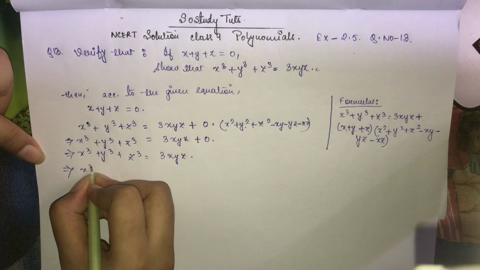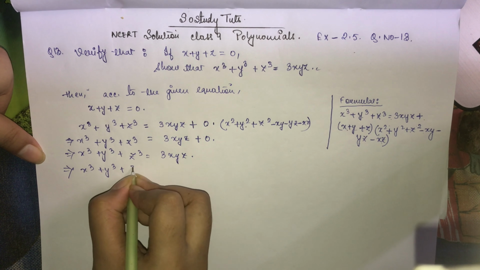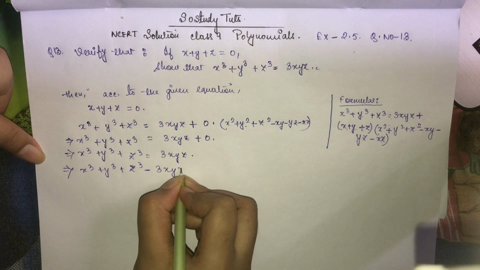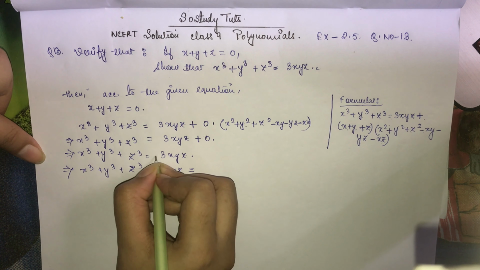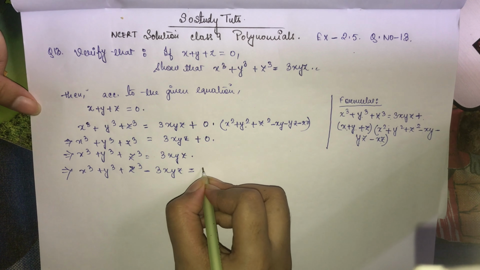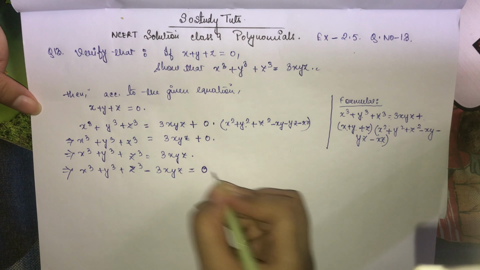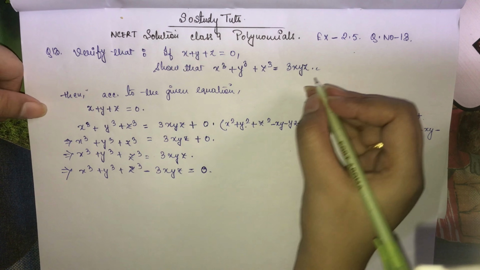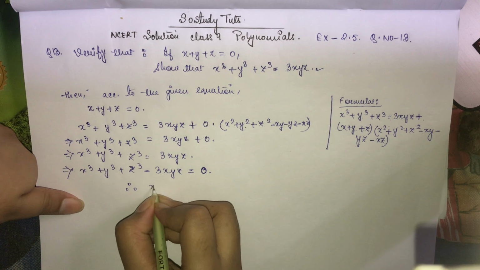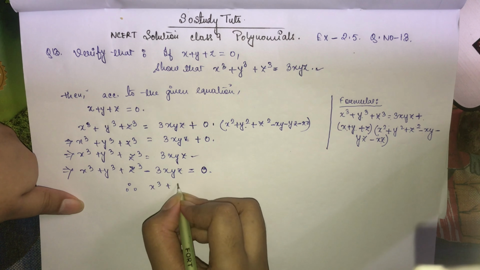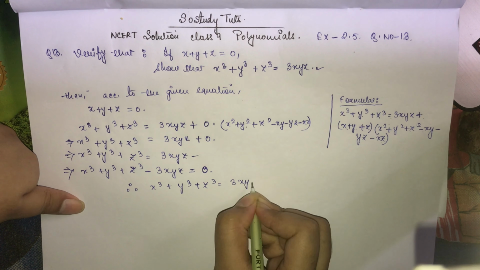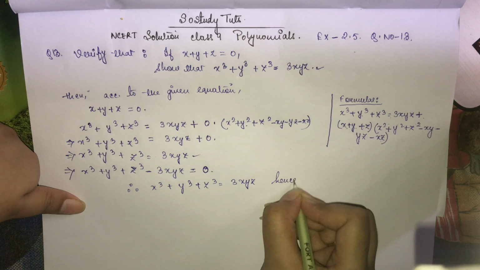Or we can also say that x cube plus y cube plus z cube, if I bring this to this side, xyz minus xyz, because plus when it comes to this side becomes minus, equals 0. So what we need to prove is this one. Therefore x cube plus y cube plus z cube equals 3xyz, hence proved.